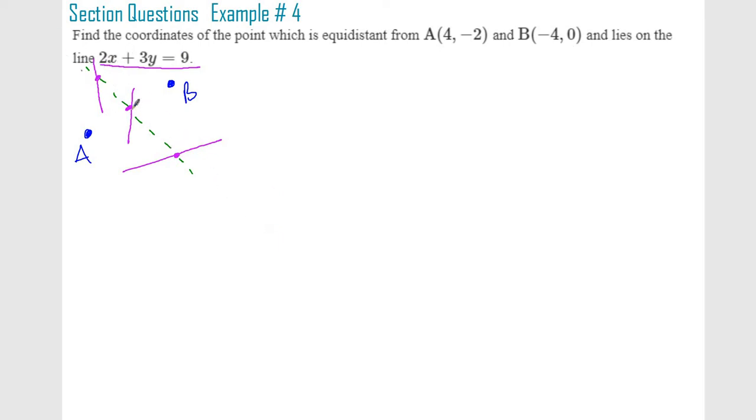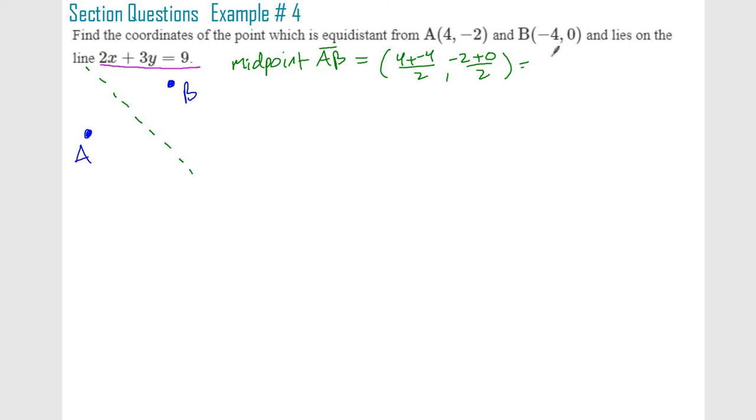We should find the equation of that perpendicular line and see where it intersects with this line. Okay? So first let's find the perpendicular line, the green one. First we need to find the midpoint of AB. So we just do 4 plus negative 4 over 2, negative 2 plus 0 over 2.